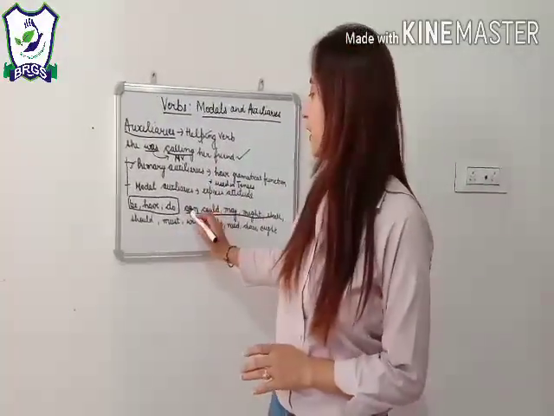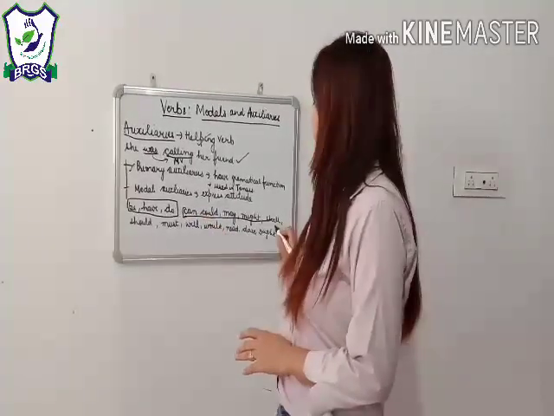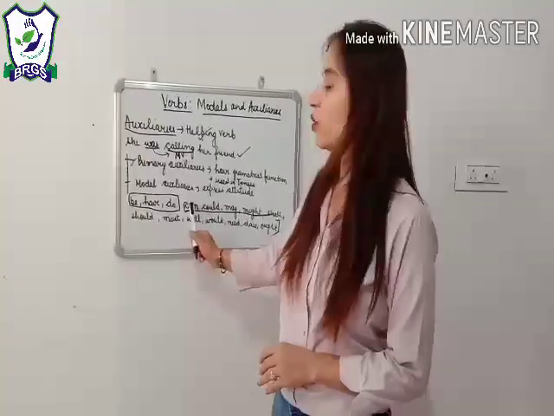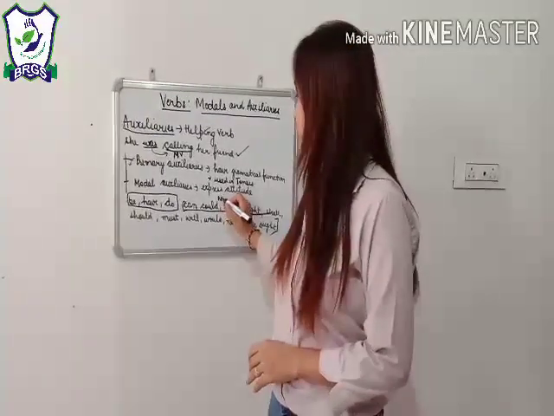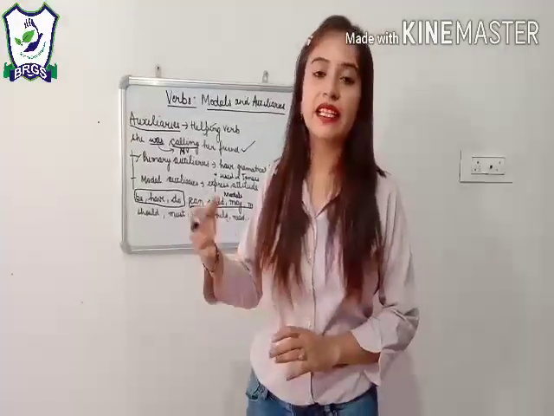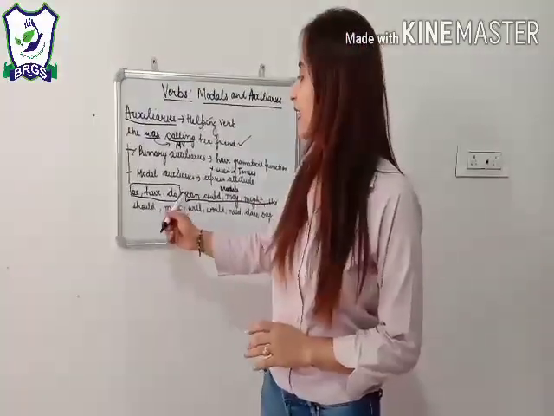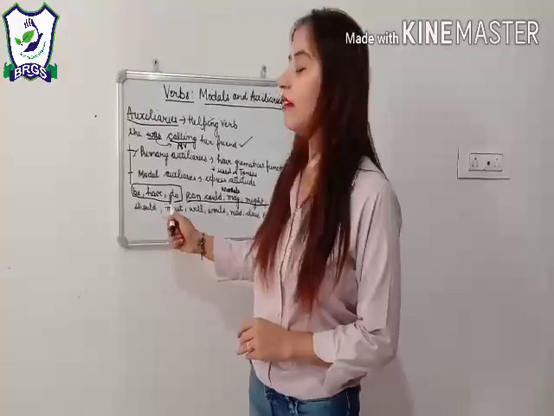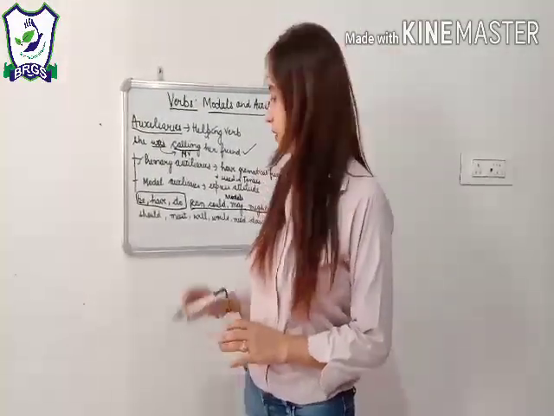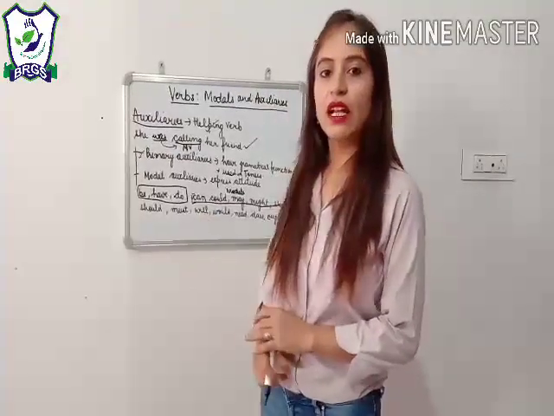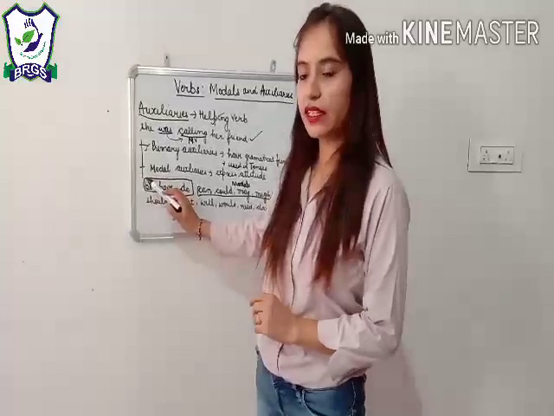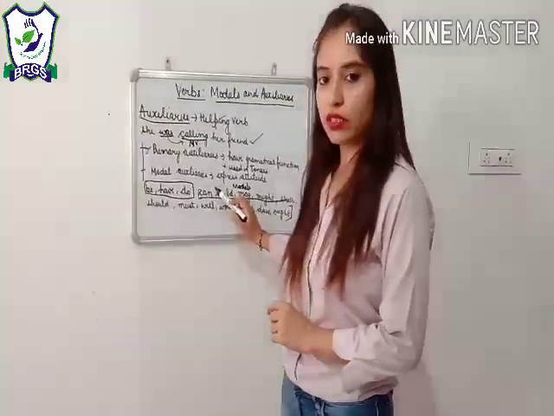These words express our attitude, so they are known as modal auxiliaries, or we can simply call them modals. And be, have and do are our primary auxiliaries. Understood?